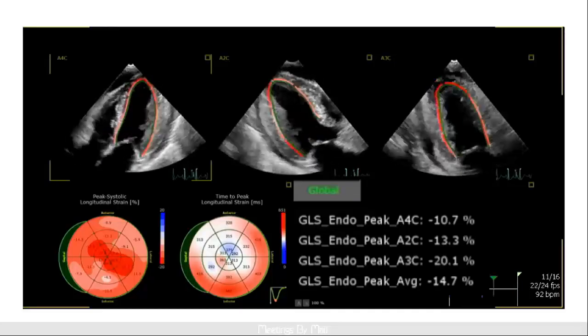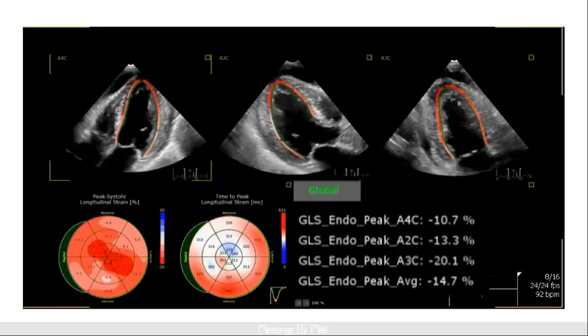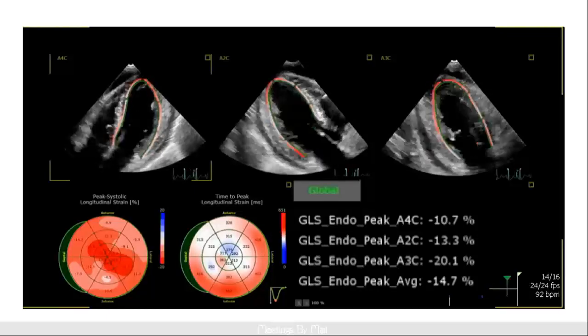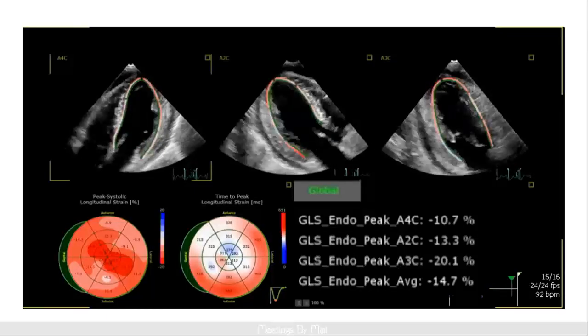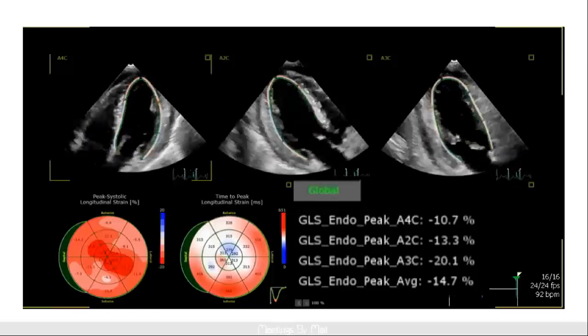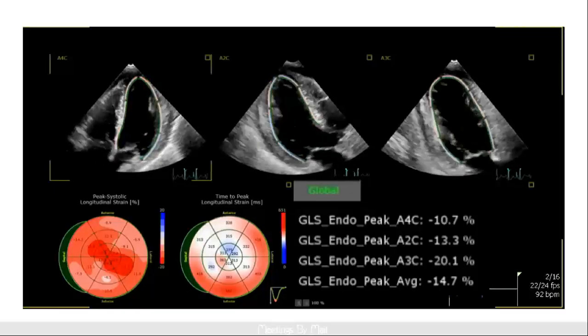Clearly, even if the ejection fraction, which is calculated as 52%, looks borderline, your longitudinal strain is remarkably attenuated. The global average is hovering around 15%.